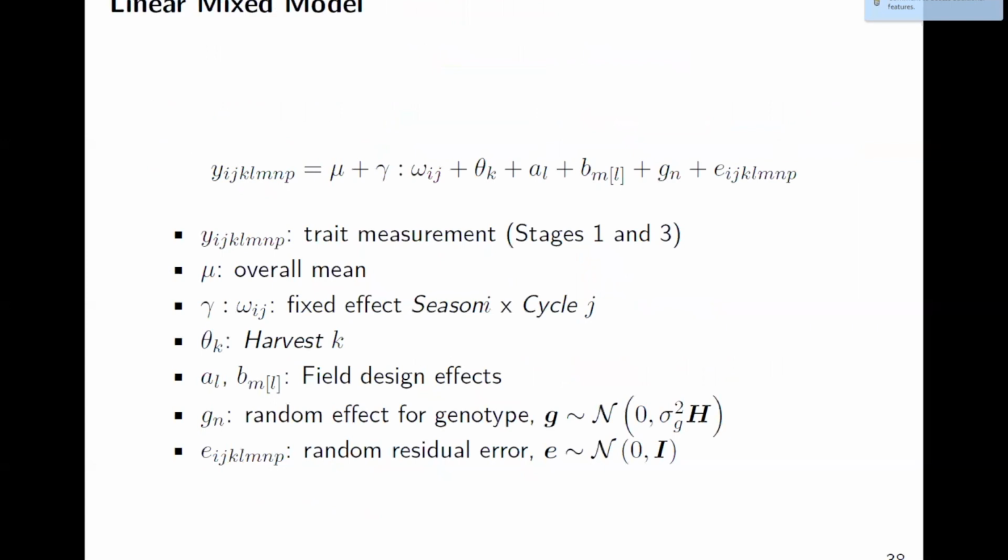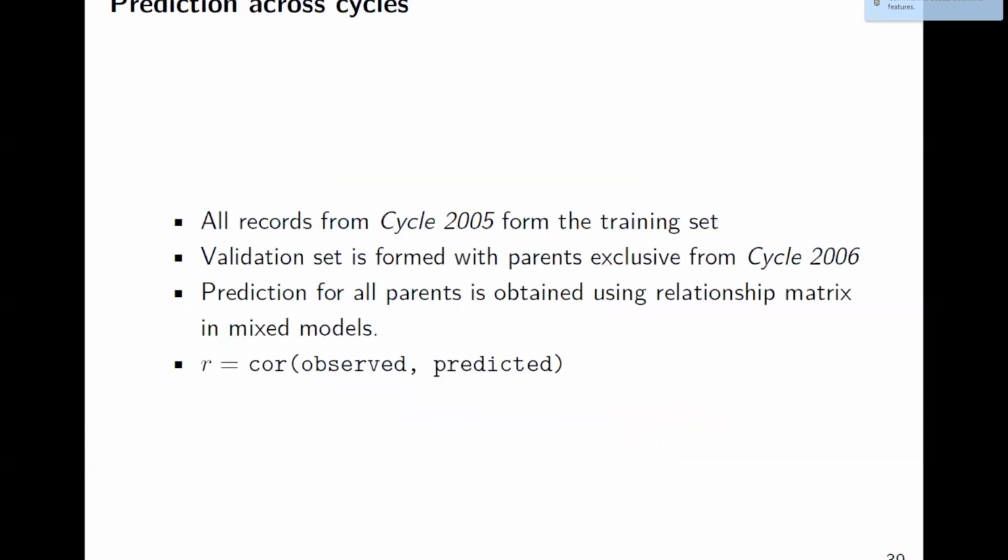So I'm going to do prediction using the H matrix and then compare to the breeding values derived from the A matrix. In this case, I'm going to do prediction across cycles again, using all records from 2005 to form the training set. And I use the parents that are only in 2006 as my validation data sets.